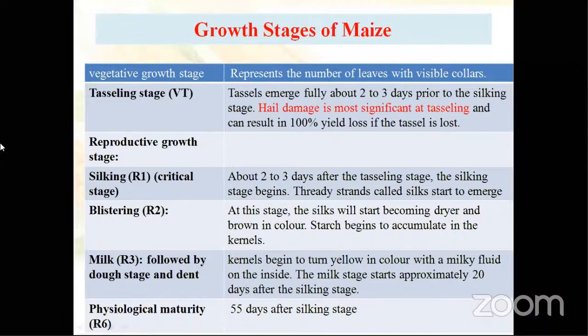Many times they ask questions on this in vivas, in examinations, and from a competitive point of view also. Physiological maturity means when the translocation of photosynthates from the source stops. What is the source in the plant, and what is the sink?